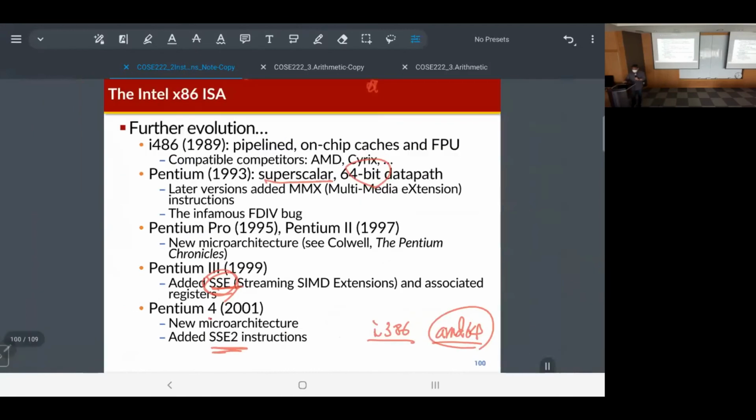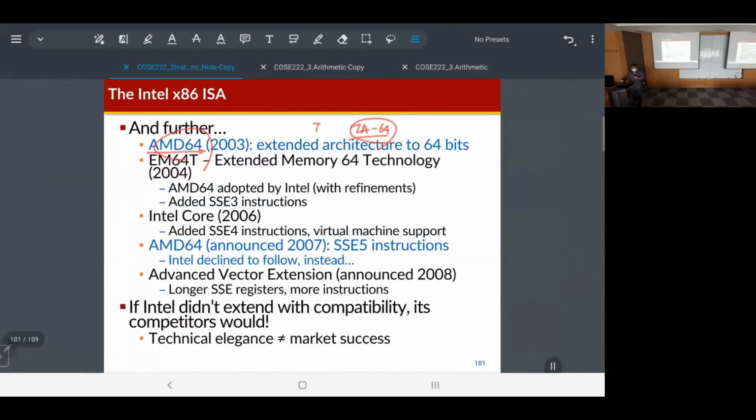The x86 has a very long history, and new instructions were added again and again, so the instruction set architecture is very dirty and very inefficient.